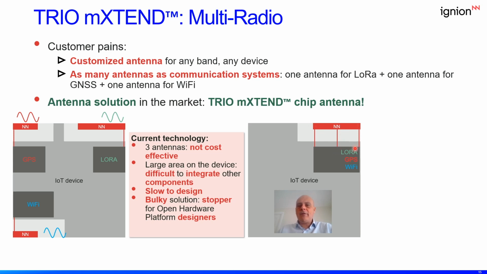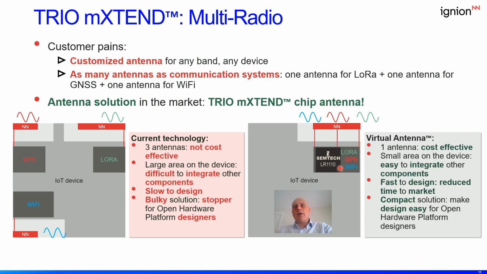So one port will be for LoRa, another port will be for GPS, and another port will be for Wi-Fi. So this is more cost effective, we occupy less space, and we allow more space to integrate other electronics, batteries, sensors, and other kind of components that we need in our device.